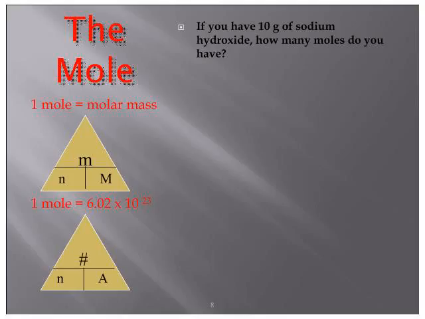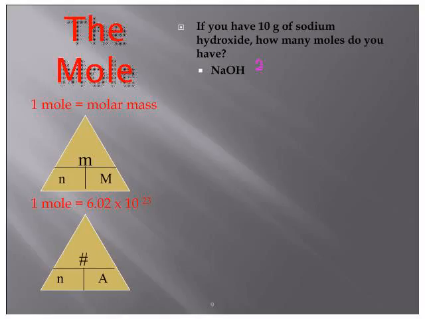Alright, example number 1. If you have 10 grams of sodium hydroxide, how many moles do you have? Well, the first thing you have to do is write the formula correct. Ta-da! And then we have to find our molar mass. And so we look those up.